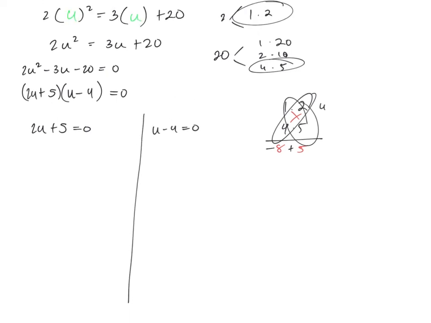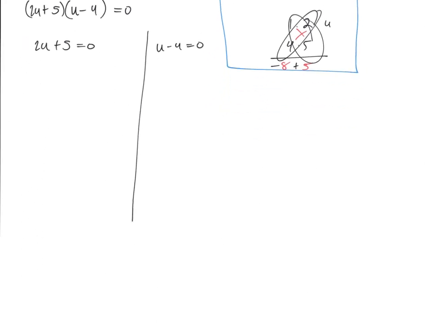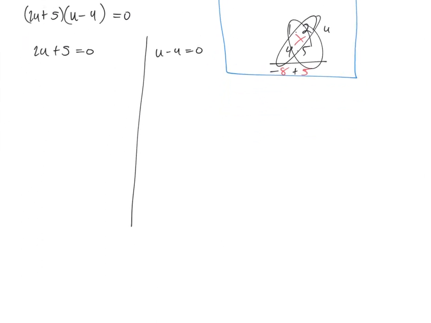Okay, so one thing to do with my scratch work here, I'm not going to erase it, but I'm just going to go ahead and mark the fact that it was scratch work. Okay, so solving this, 2u equals negative 5, u equals negative 5 divided by 2, and then on this side, u equals 4.